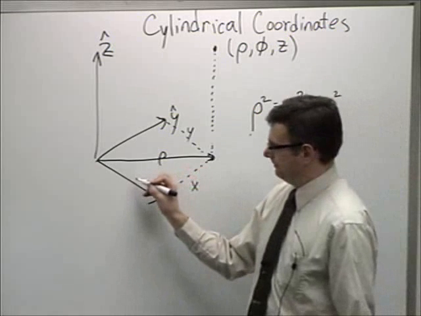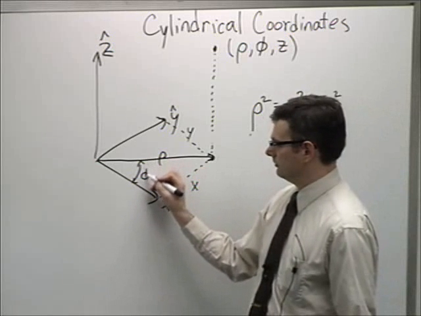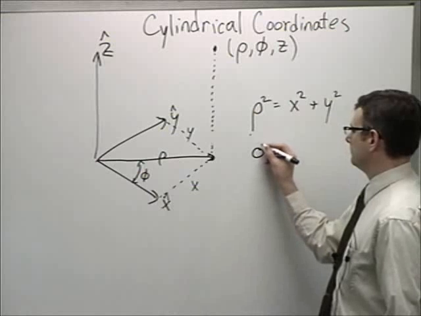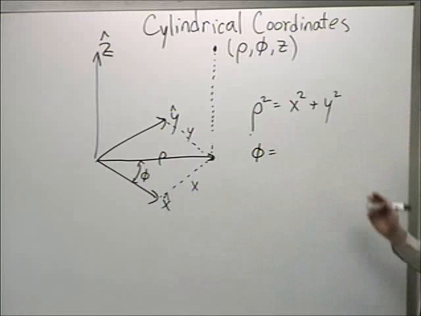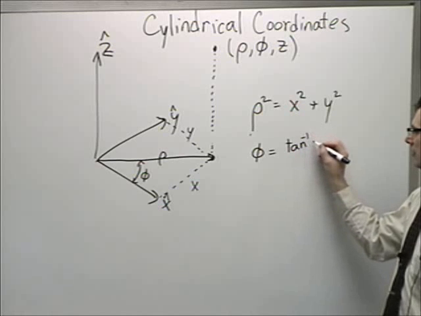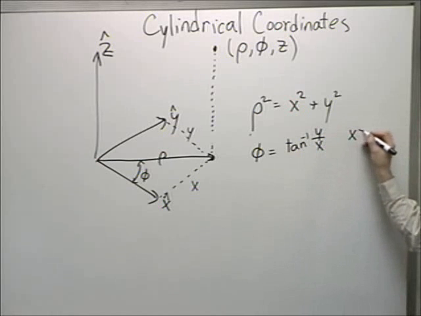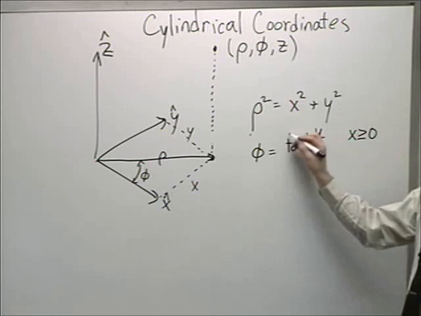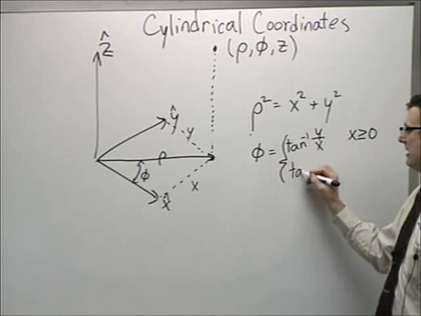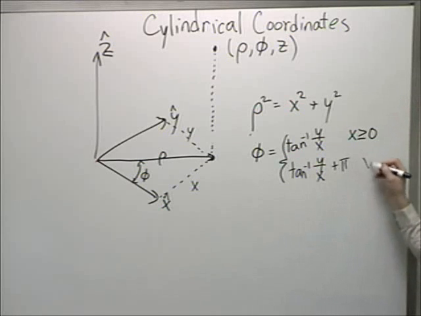Phi is measured from the x-axis, and if you wanted to calculate phi given a Cartesian point, what you would do is you take the arctangent of y over x if x is positive. If it wasn't, you would take the arctangent of y over x and you'd add pi to it if it was negative.